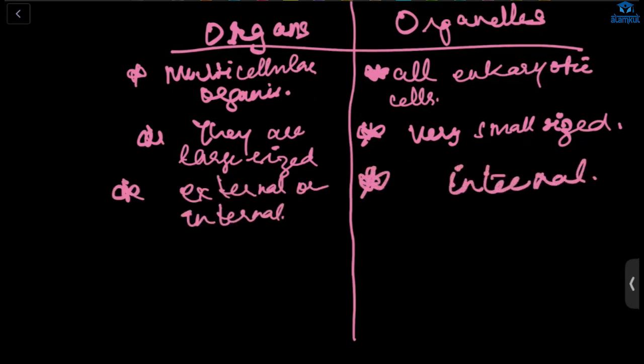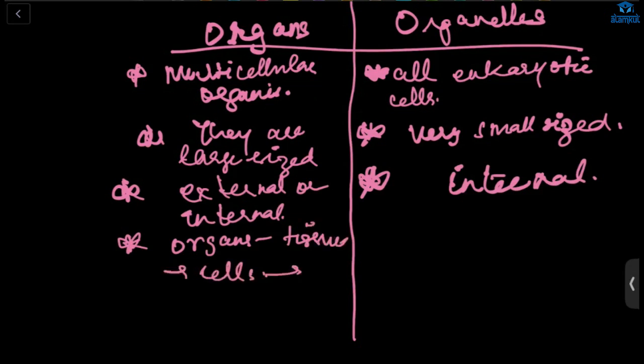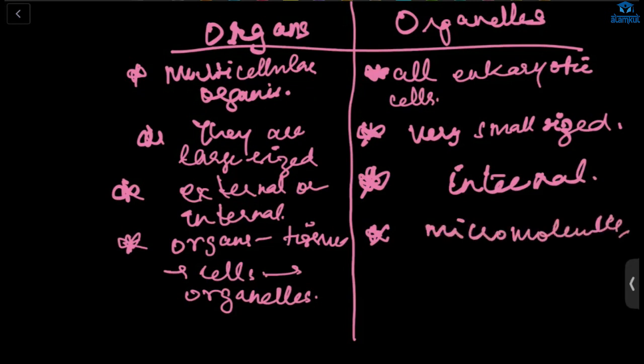Organs are made up of tissues, made up of cells, and cells are formed by various organelles. And these organelles are made up of micromolecules and macromolecules.